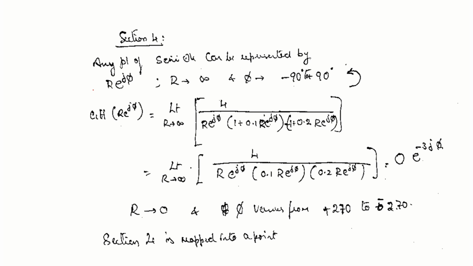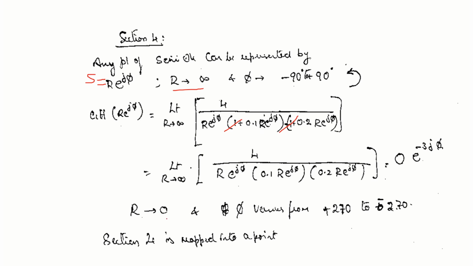Then let us talk about how to draw the Nyquist plot for section 4. Let us say S equal to R e to the power of j phi, correct? R is tending to infinity, phi varies from minus 90 to plus 90. Again you substitute into G(s)H(s). Compared to R, this is small, ignore. Then R cube, e to the power of j3 phi.